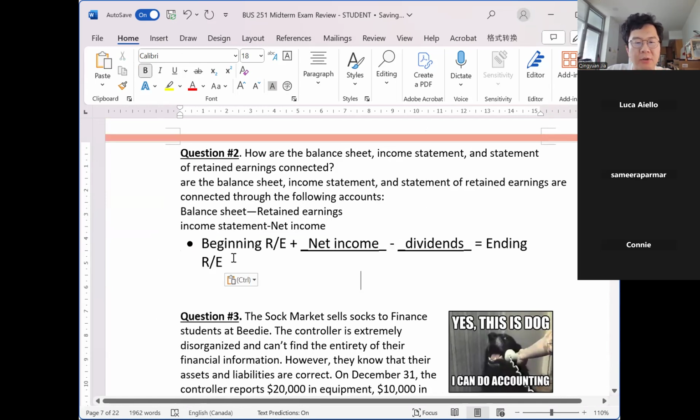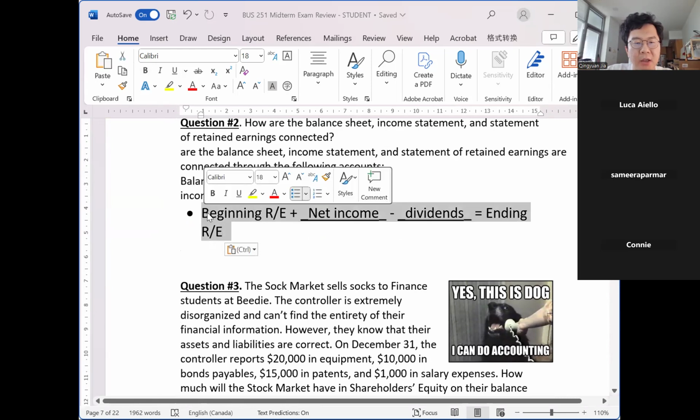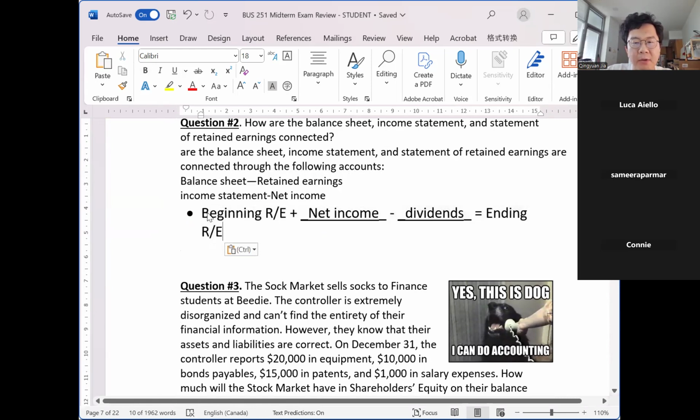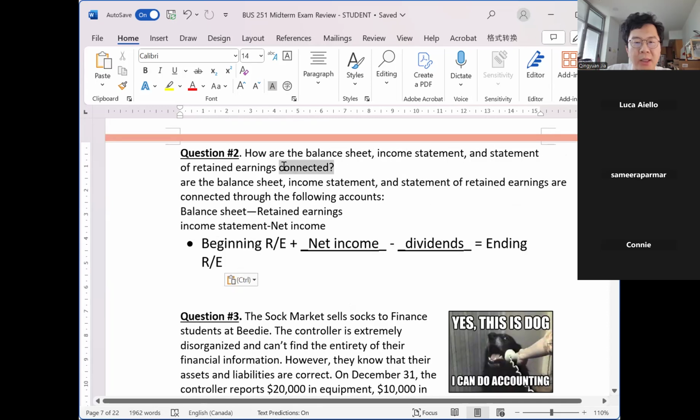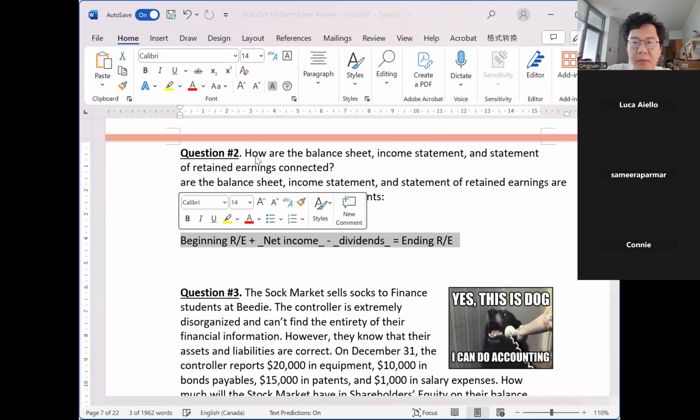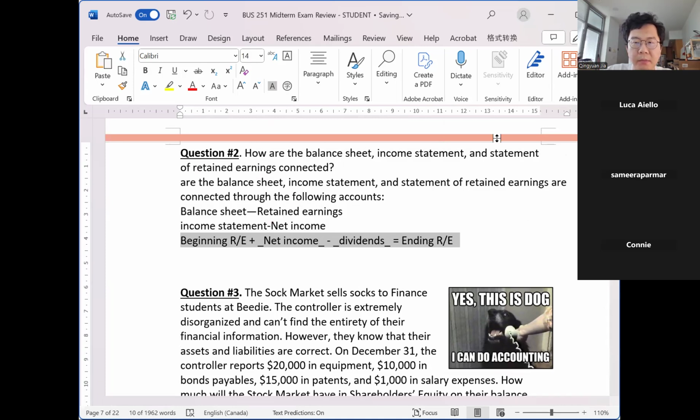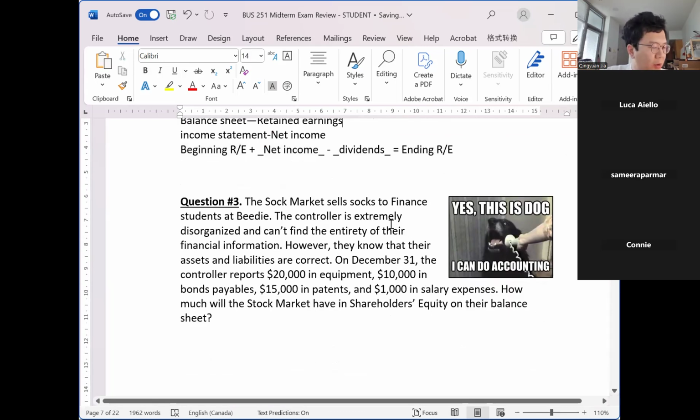So we have retained earnings here, we have net income here, and net income is a part of the income statement, and retained earnings is a part of the balance sheet. And this is how the new retained earnings are calculated. So that's how these three statements are connected. Yeah, let's move to the next question.